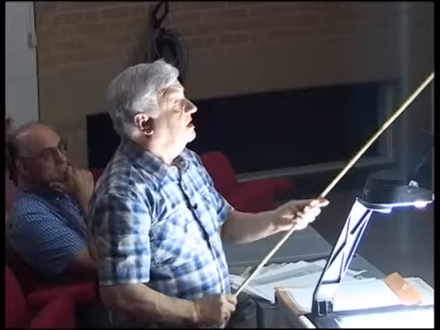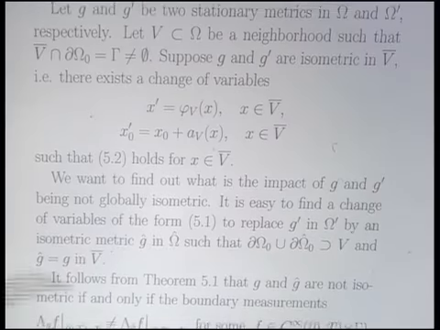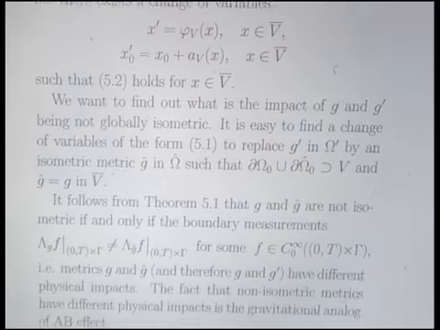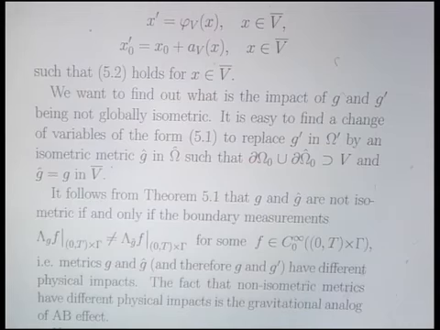Why? Because if they do coincide, then the Dirichlet-Neumann operators are equal, and then the metrics are isometric, yes? So this is the proof that non-globally isometric metrics have different physical impact.